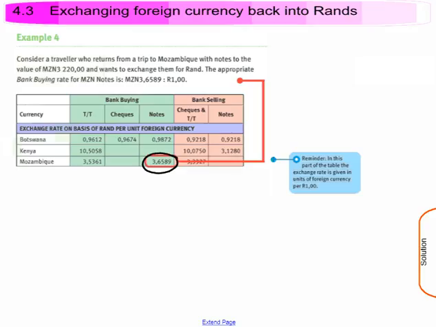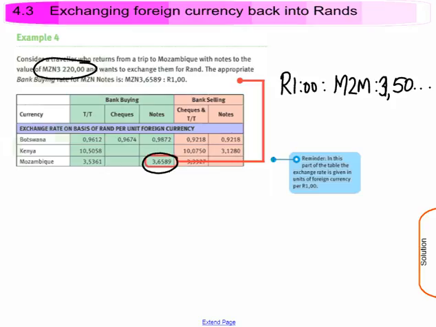So to help you sort it out in your head, 1 Rand to Mozambican meticals was 3,50, etc. Okay, so now you're going to Mozambique and you are buying the traveler returns. If we bring back 3,220 meticals, how many rands do we have?